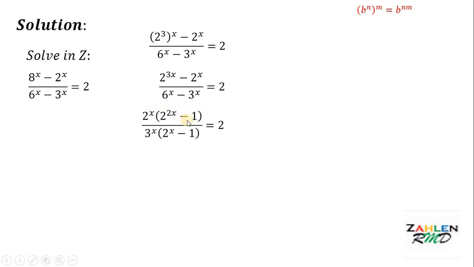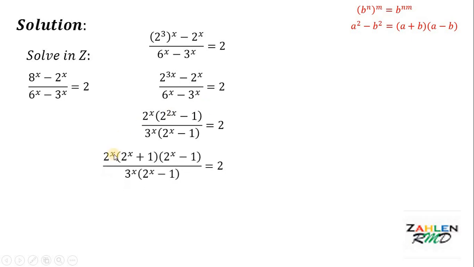Next, on the numerator, 2^(2x) minus 1 can be factored using the difference of two squares. If we have a squared minus b squared, it is equal to (a plus b) multiplied by (a minus b). Therefore, our numerator becomes 2^x multiplied by (2^x plus 1) multiplied by (2^x minus 1).